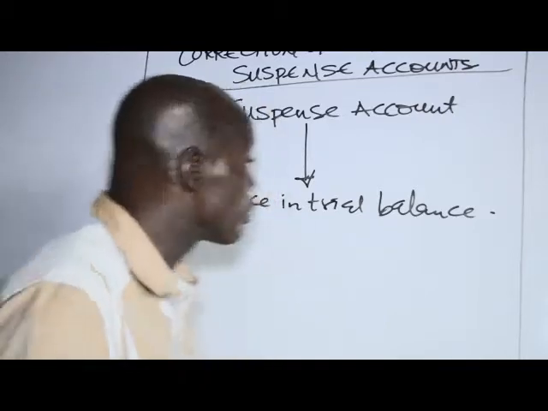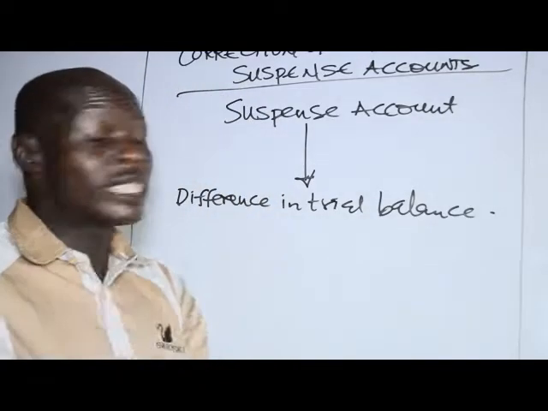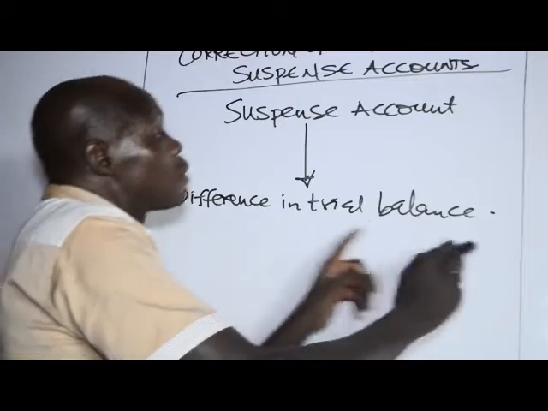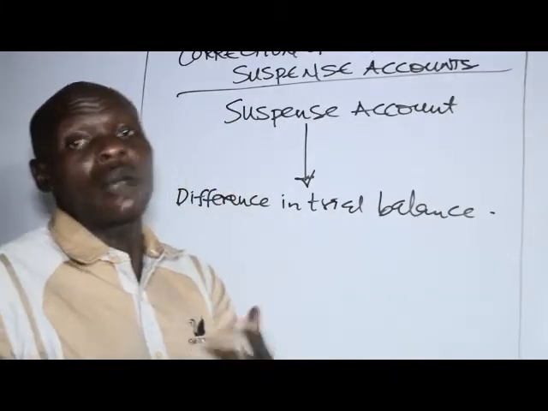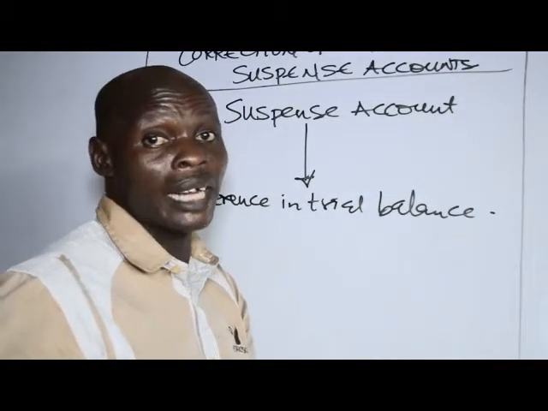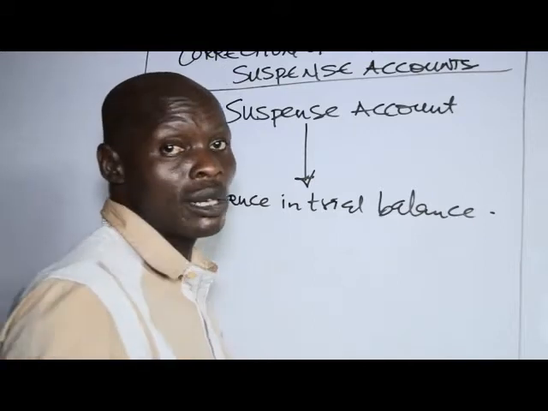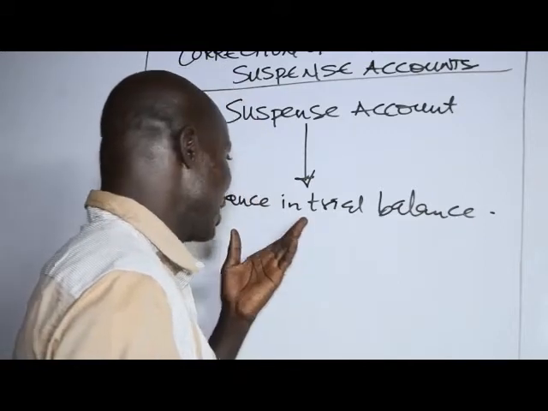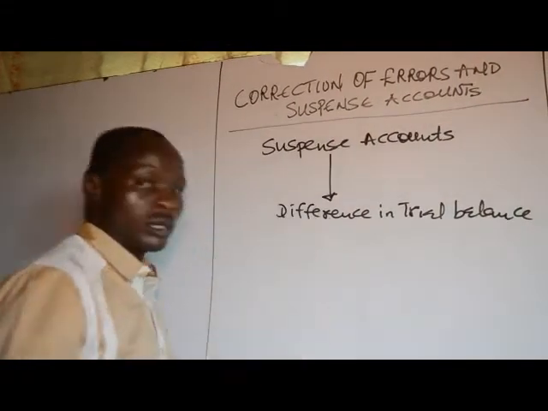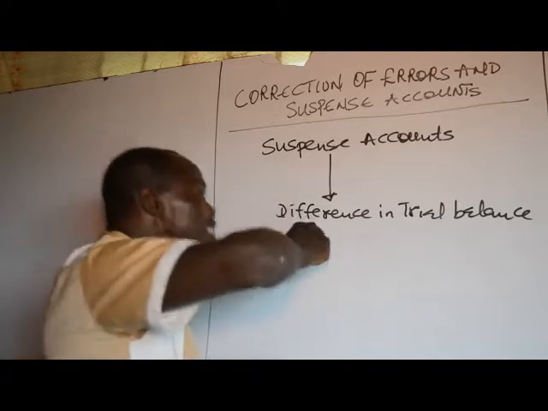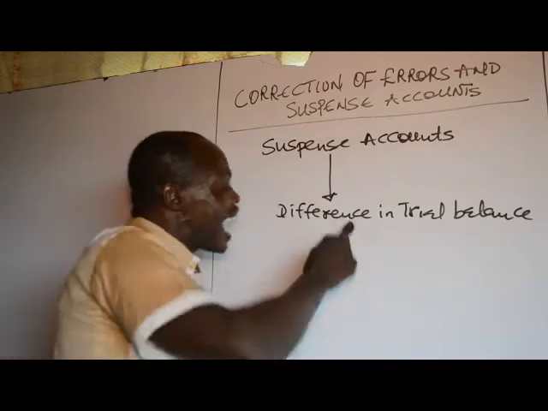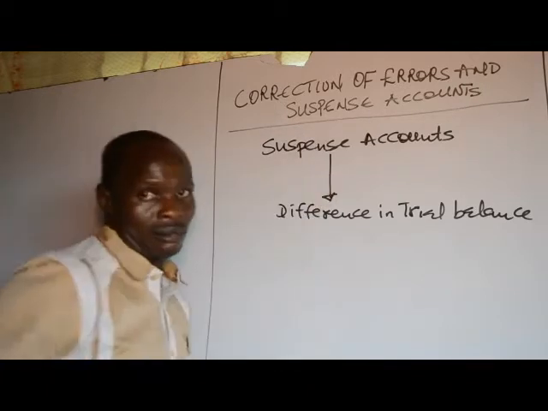In other words, a suspense account is an account in which the difference in trial balance is recorded pending the location of the errors. Meaning that the moment the errors are discovered, those errors will be written off from the suspense account. So I repeat, only those errors that affect the agreement of the trial balance will be entered in the suspense account.